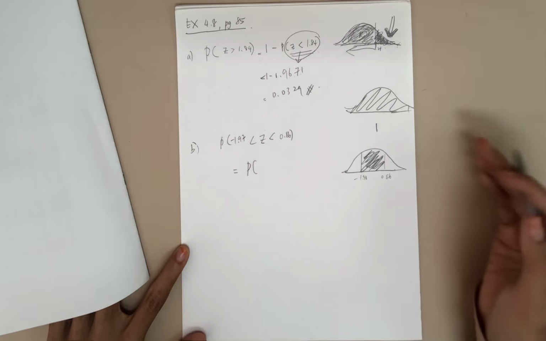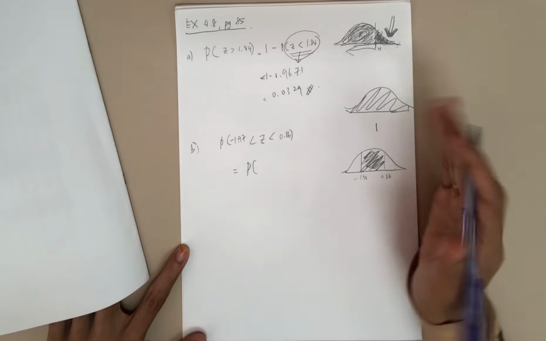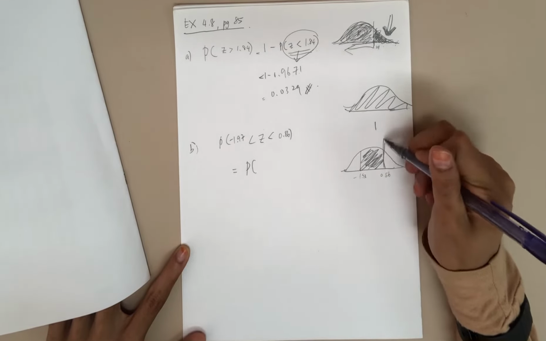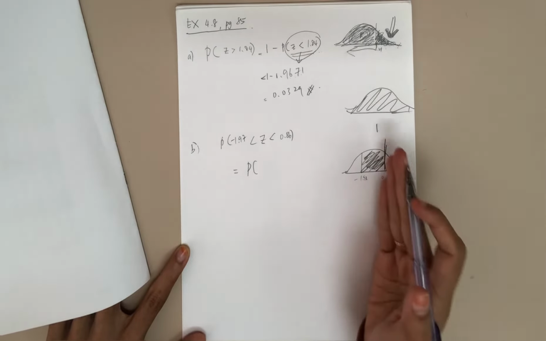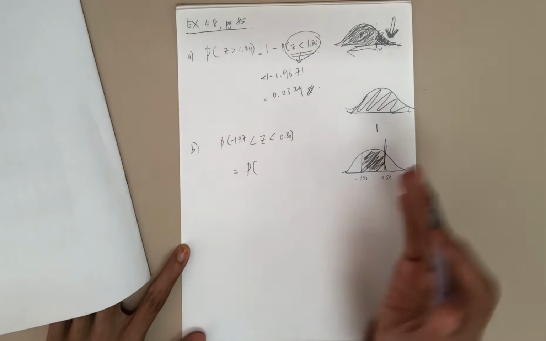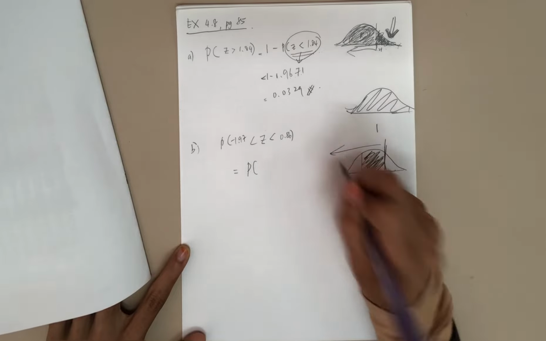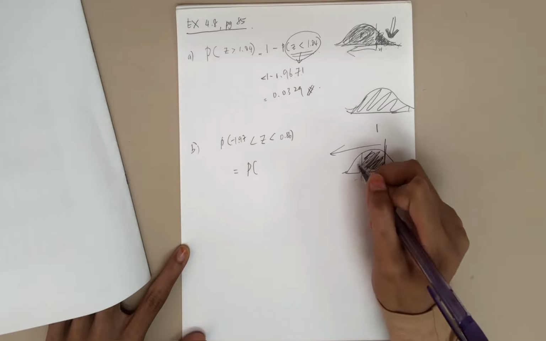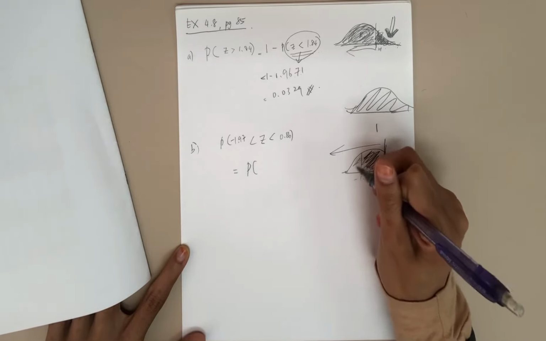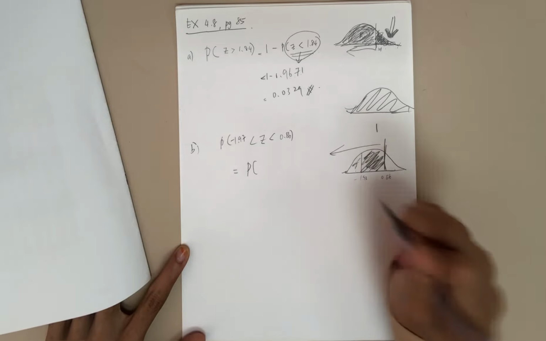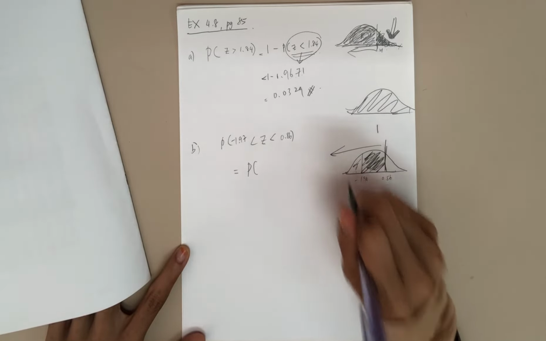So how to get this area? You need to find this one. After you get this one, the area must be all, meaning from 0.86 towards the end here. So this area will also be included. But we don't want this area.